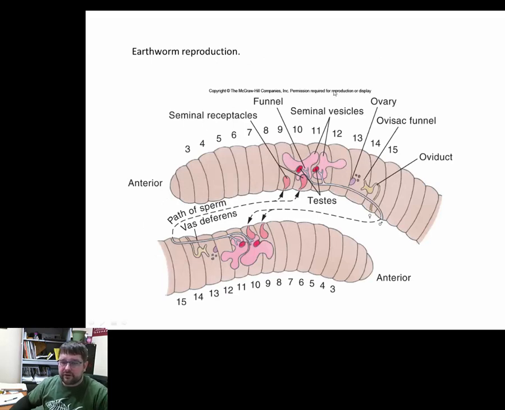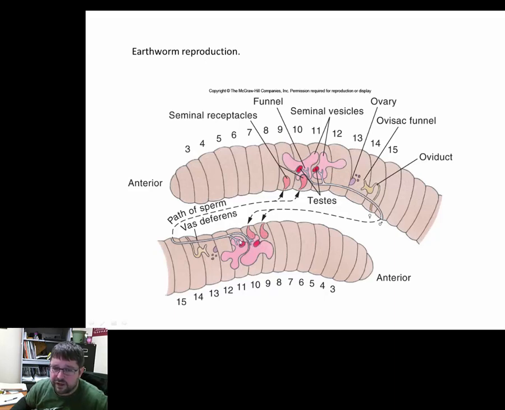So here you can see what I was talking about. You've got these seminal vesicles. These are going to develop the sperm. The sperm is going to be excreted through the testes into the seminal receptacles, or sperm capsules, which house the sperm, hold the sperm until the eggs are ready.